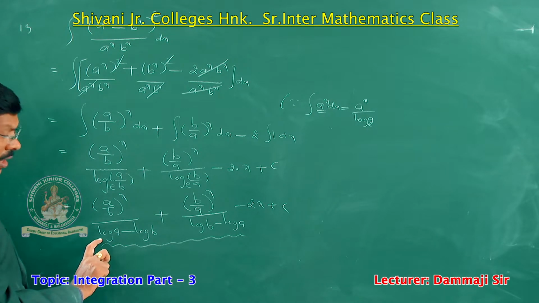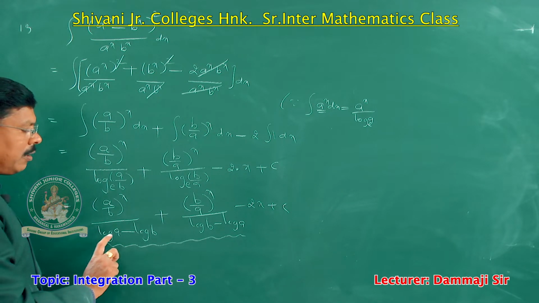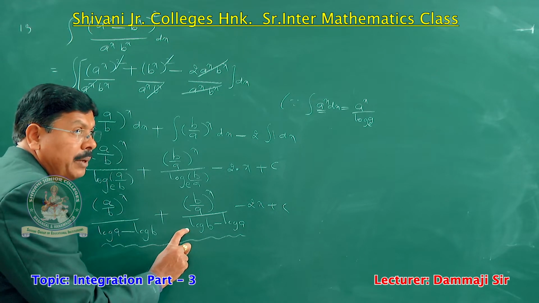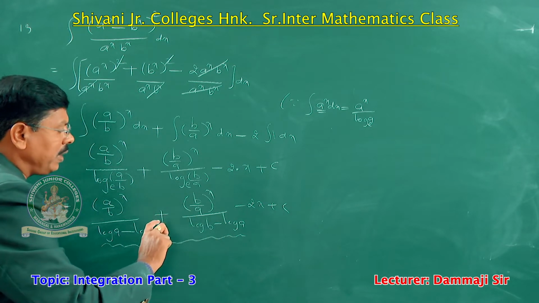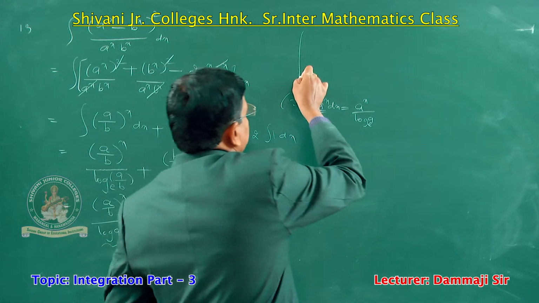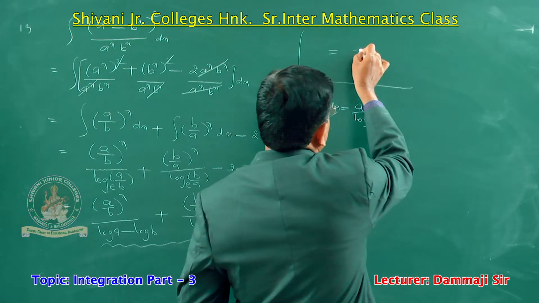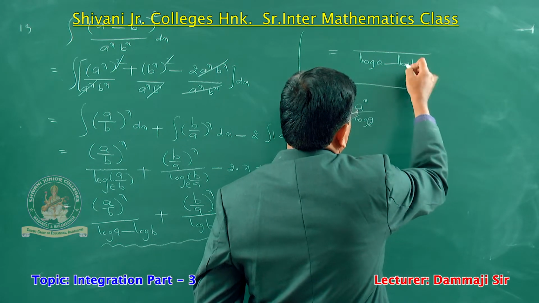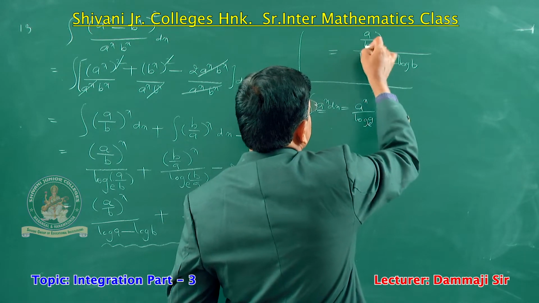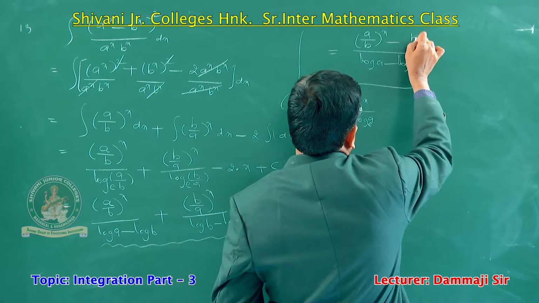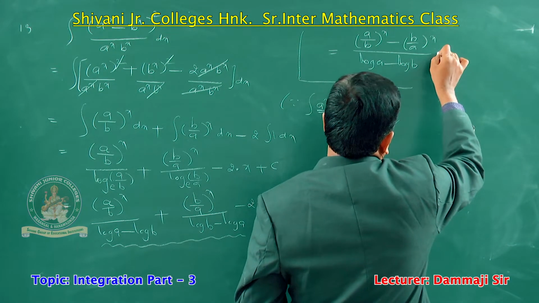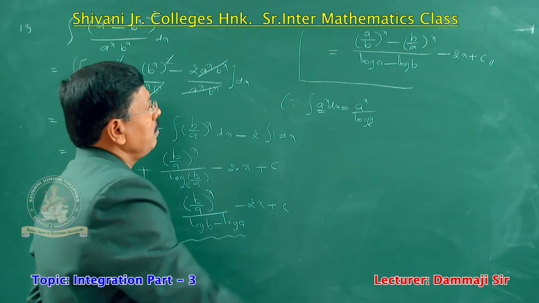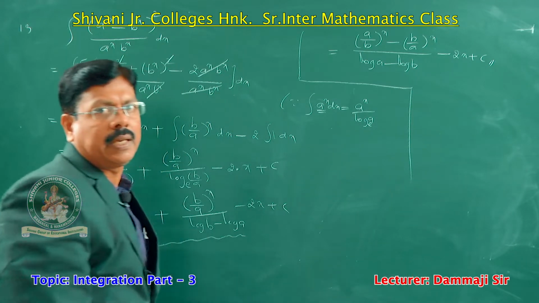One common factor is log of a minus log of b. The second denominator is log of b minus log of a, and taking the minus common, we have the common factor log of a minus log of b. The numerator is a by b whole power x minus b by a whole power x, minus 2x plus c. This is the result of the given problem.